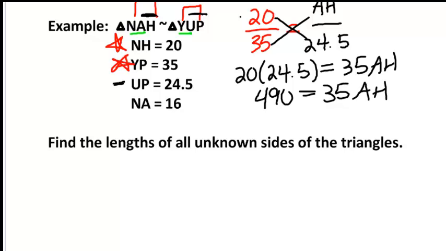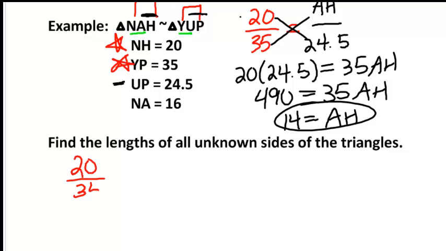And if you divide away the 35, you should get 14 units for side AH. Now I still need to find the length of side YU. I don't know what side YU is. I'm still going to start out with my 20 over 35 ratio because that scale factor doesn't change.